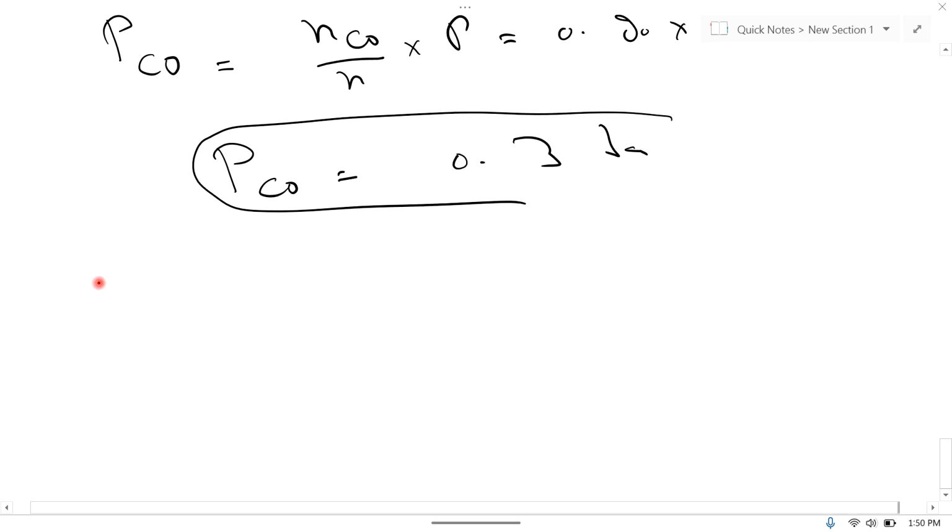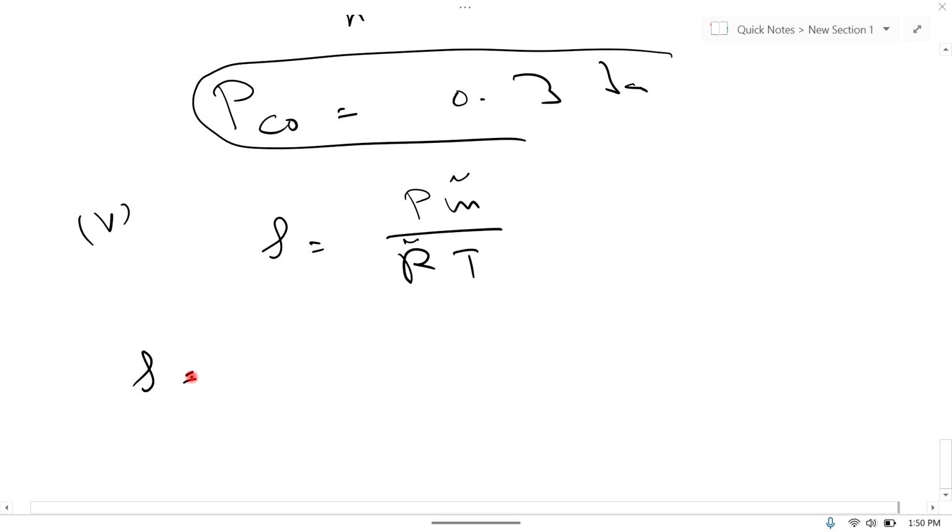And for part number 5, we have to find density. So density is equal to pressure Pm dash divided by R dash T, that is, Pm dash is equal to rho R dash T. Rearranging to find density: pressure is given as 1.5 bar, or 1.5 multiplied by 10 to the power 5 Newton per square meter.